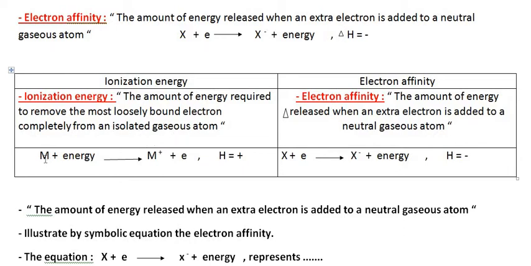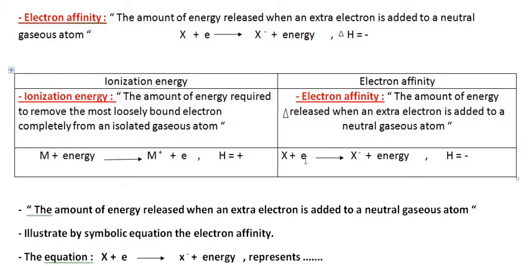This is a neutral element and energy is added from an outer source, so the atom gains this energy, so delta H is positive, and the atom is converted into a positive ion because it lost an electron from inside the atom.